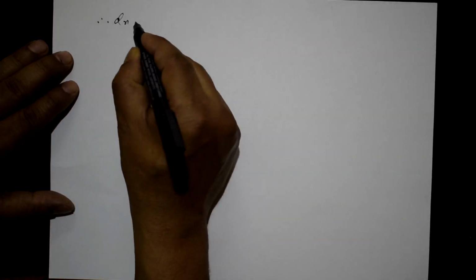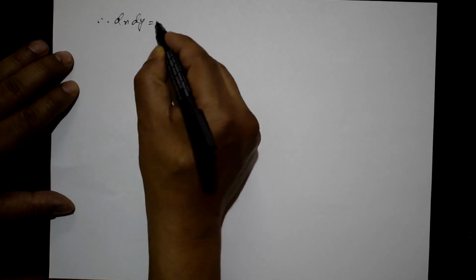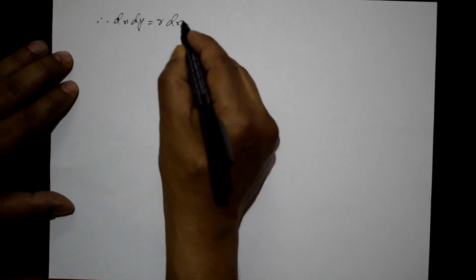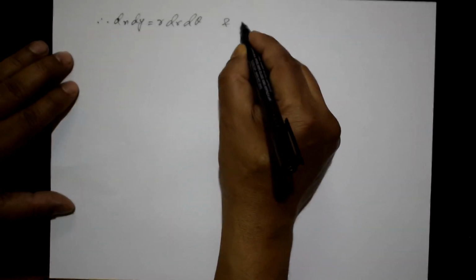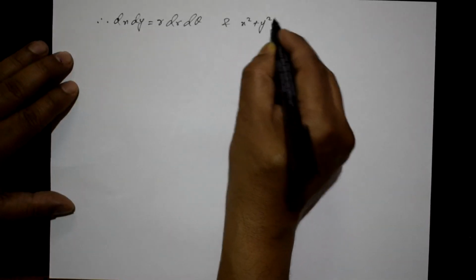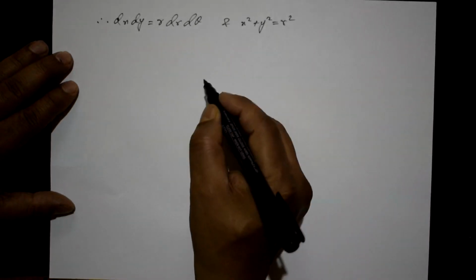Therefore, dx dy is equal to r dr d theta, and x square plus y square is equal to r square.